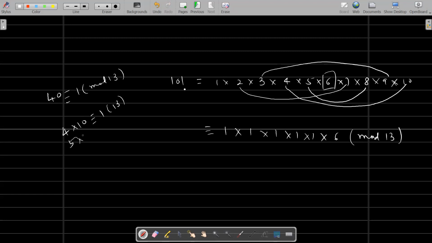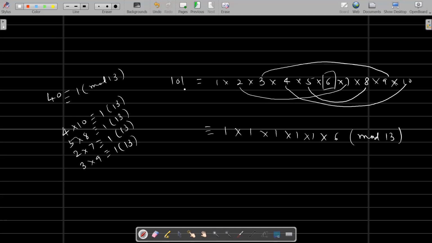Or 5 into 8 is 1 mod 13. Or 2 into 7 is 1 mod 13. Or 3 into 9 is 1 mod 13. So I have made pairs of inverses, and I'm left with 6.